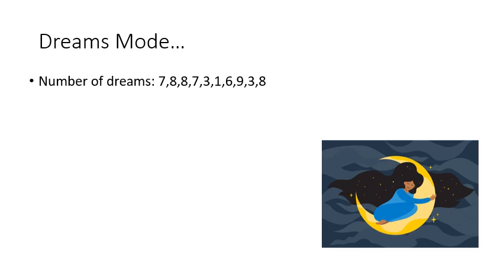So if we were going to find the mode of the number of dreams these students had over the course of a week, we could do it by creating a graph. We could draw the x-axis and write the minimum to the maximum here. It looks like 1 is the minimum and 9 is the maximum, so we could go 1, 2, 3, 4, 5, 6, 7, 8, 9.